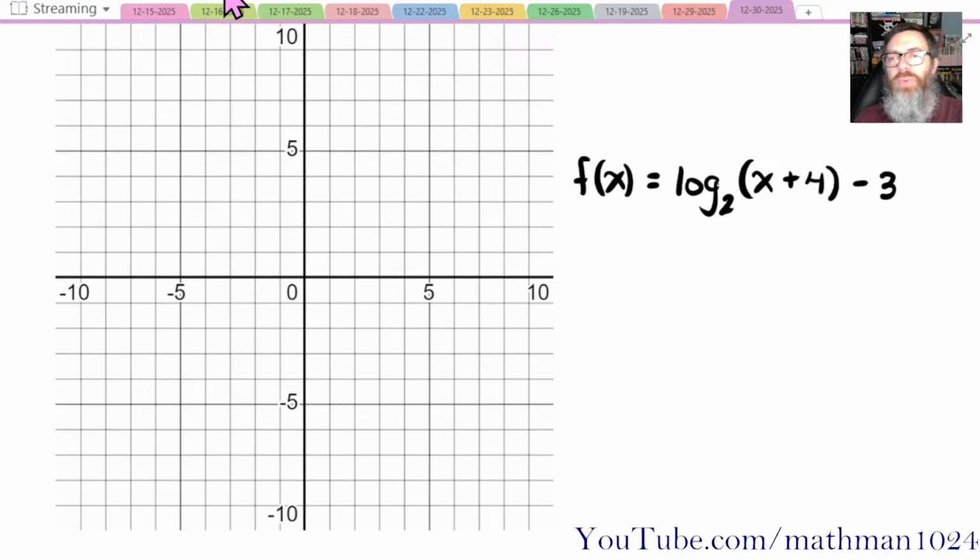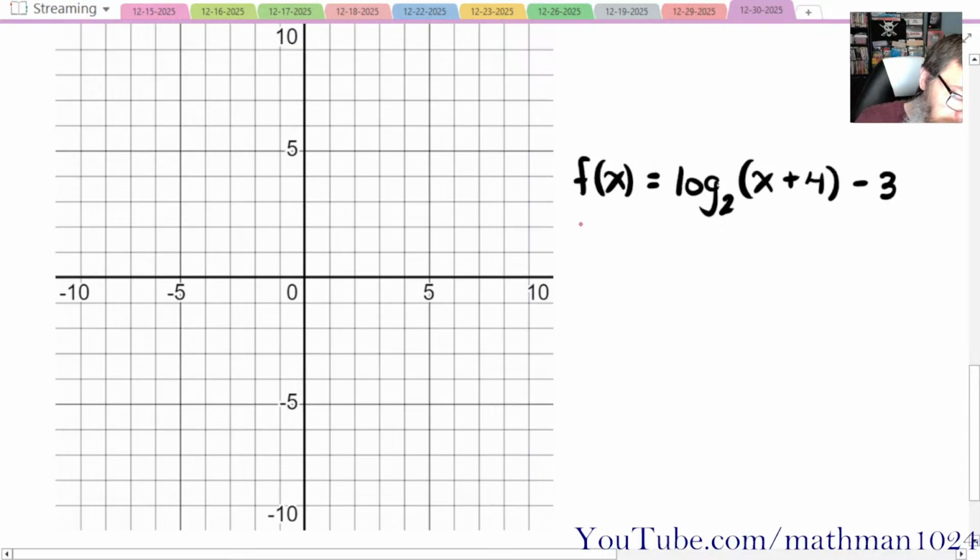So before you do anything, you have to know the shape. You have to know what everything here means. The plus 4 and the minus 3 don't tell you the shape, they tell you how things have moved. My shape is a vertical asymptote and something that looks kind of exponential going up along it like that.